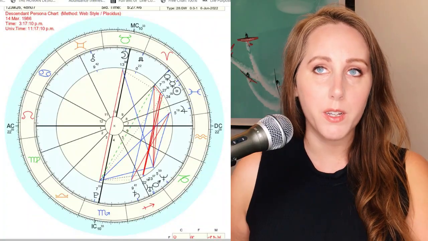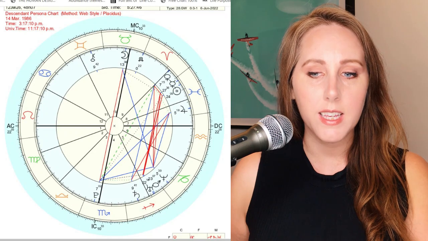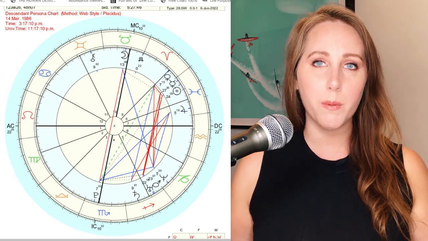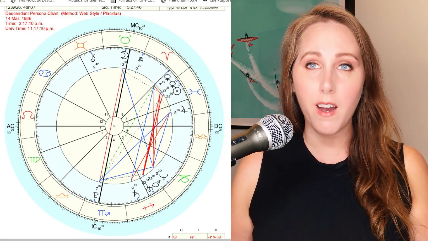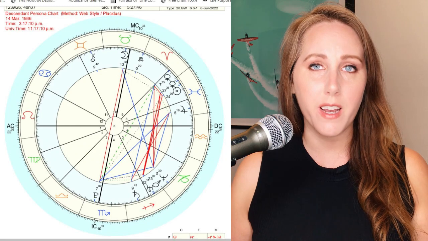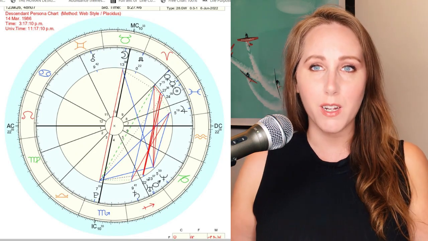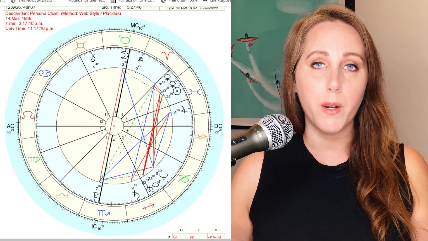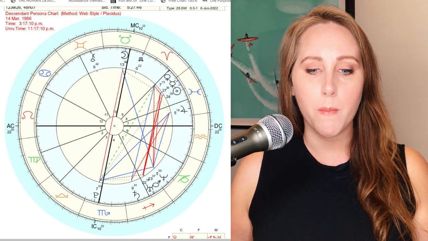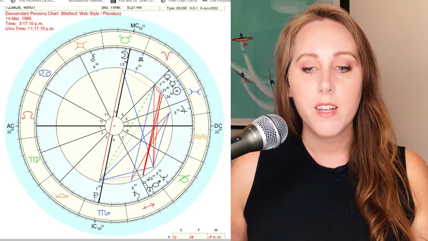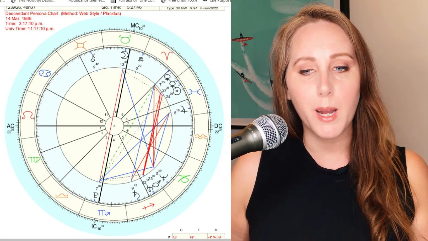The first thing I want you to know is that the outer planets in any of these persona charts, usually the sign of the outer planet isn't super significant, because outer planets don't move fast enough usually to switch a sign within the year. The persona charts are all going to be at some point during that first year of your birth. For example, I have Pluto in Scorpio, Uranus in Sagittarius, Saturn in Sagittarius, and Neptune in Capricorn.